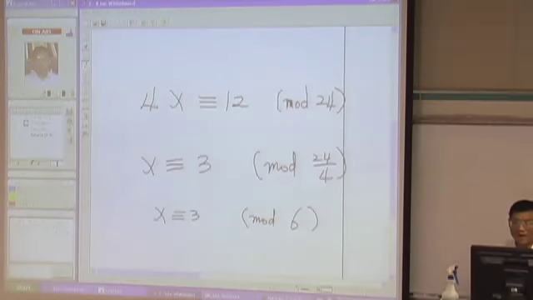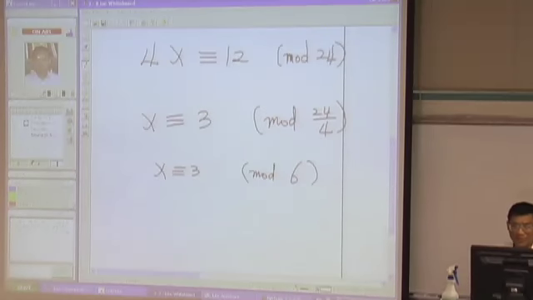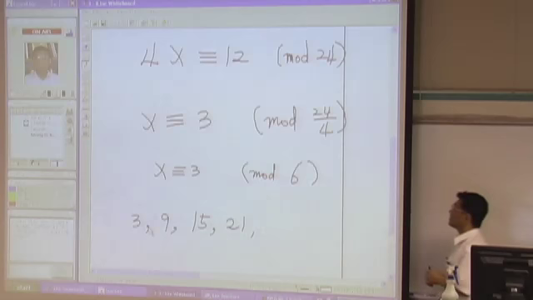Then what kind of numbers are solutions? 3, and then 9, and then 15, and then 21, and then 27, but 27 is congruent to 3 mod 24.